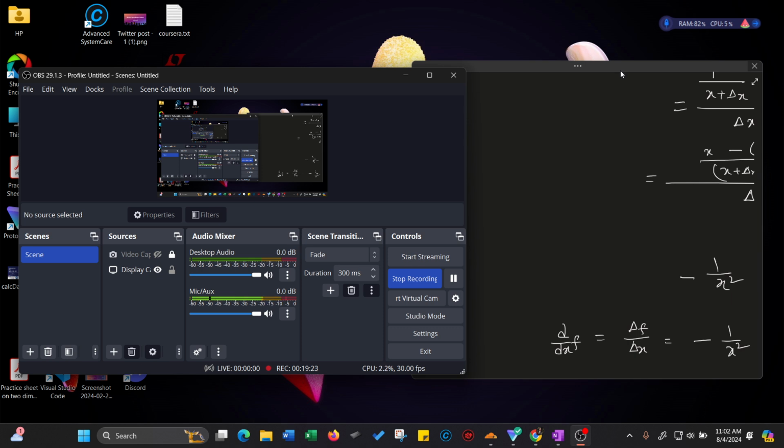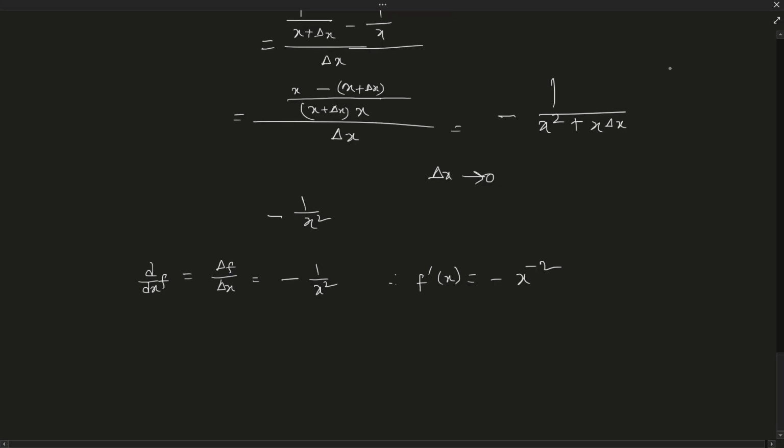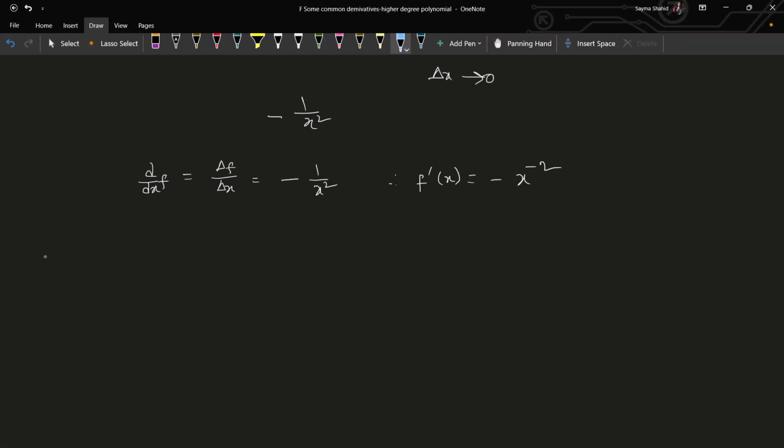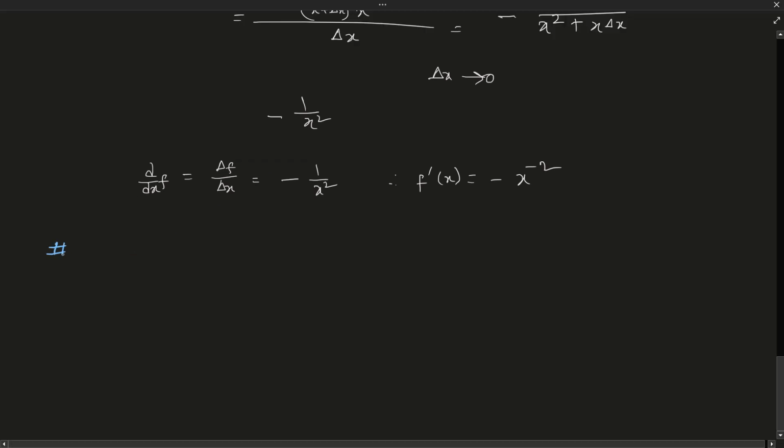Okay, now we'll see the inverse function and its derivative.